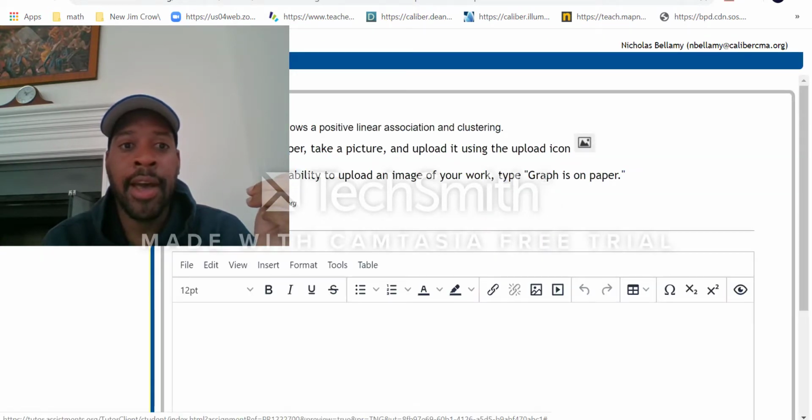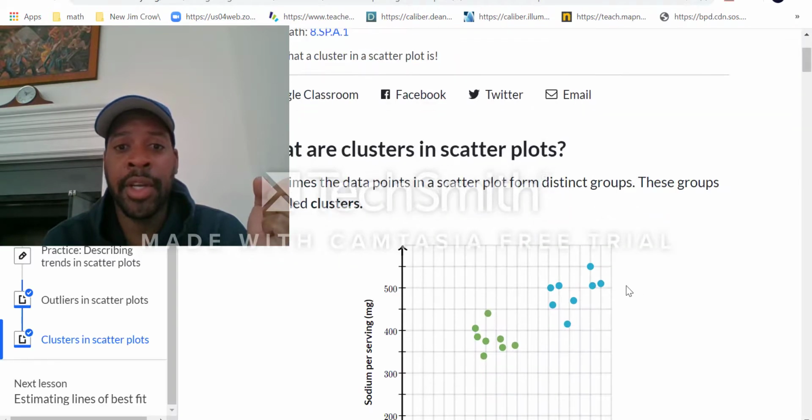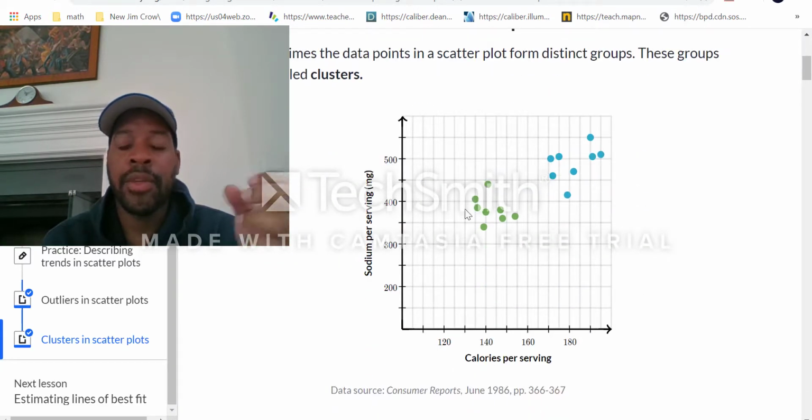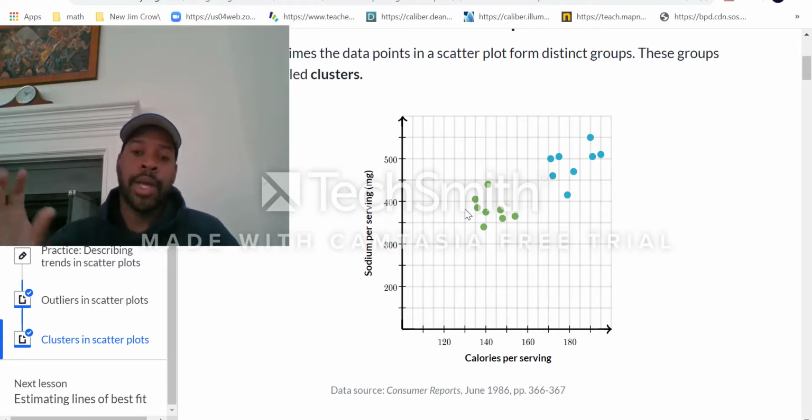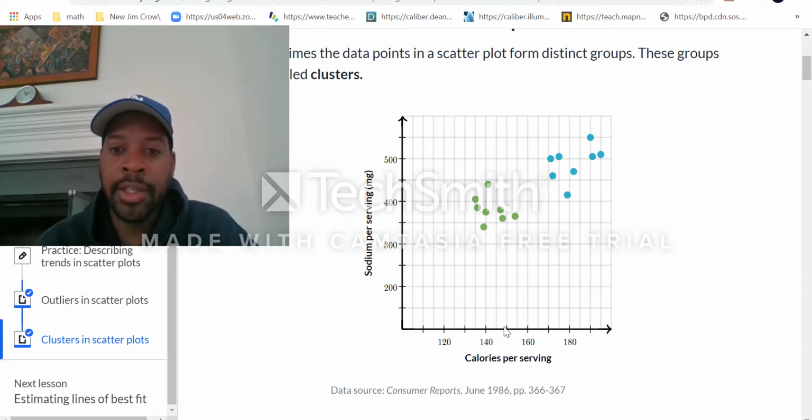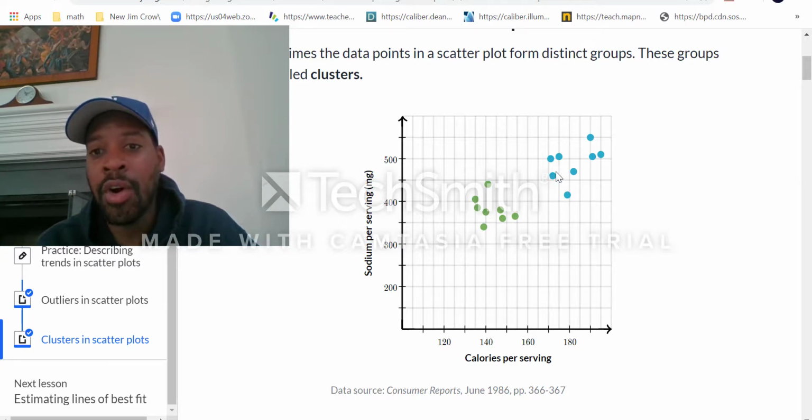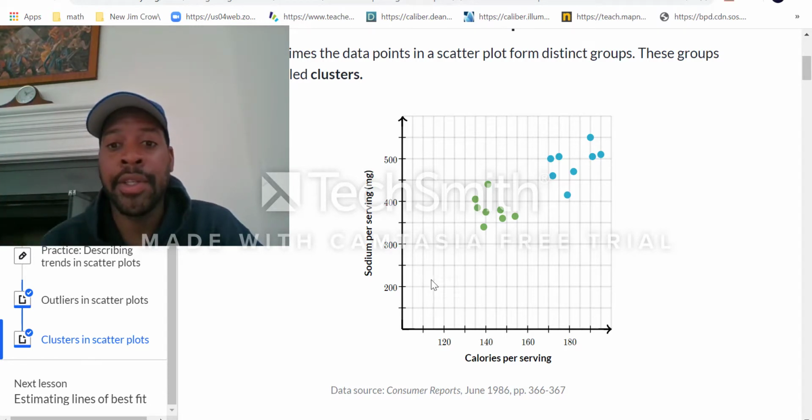And then you have the activity here where you have to draw a scatter plot that shows a positive linear association and clustering. So now we know that clustering here is where you have two separate groups that are headed in the same direction, but one is in a lower range, one is in a higher range, and they cluster and hover around that specific area. But the association for this is going to be positive because these are all headed in the direction going left to right. So they're all going up and they're all going positive, right?